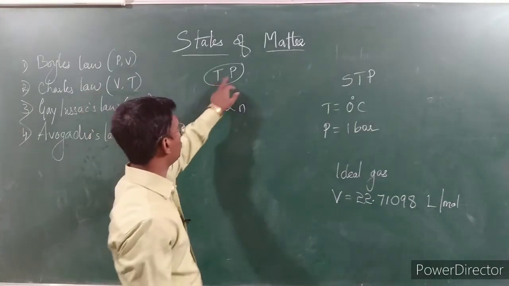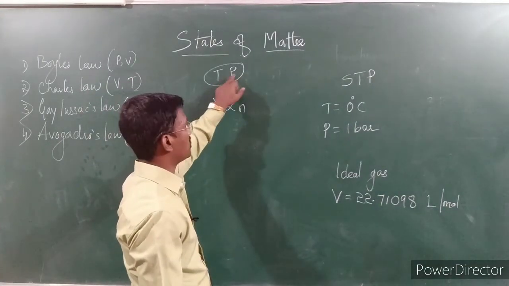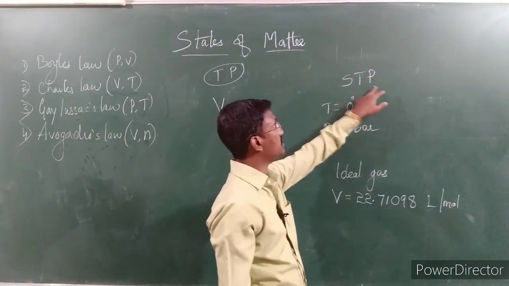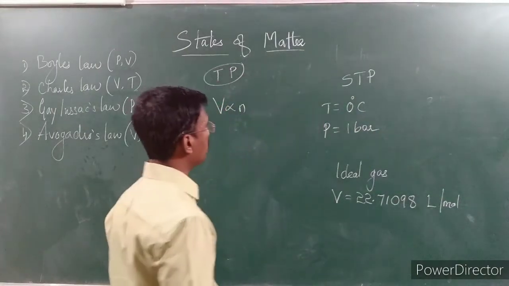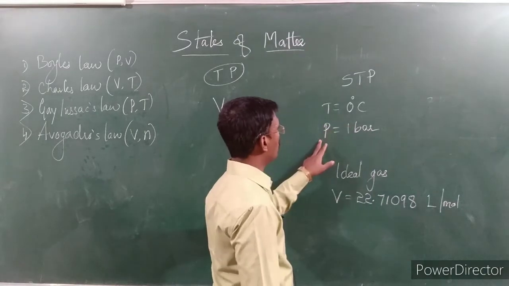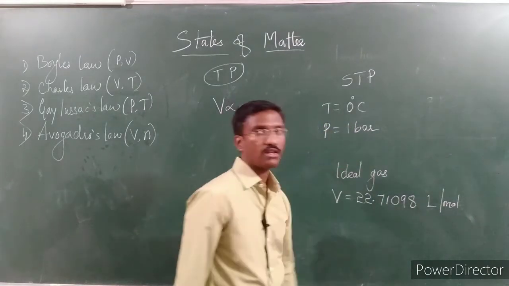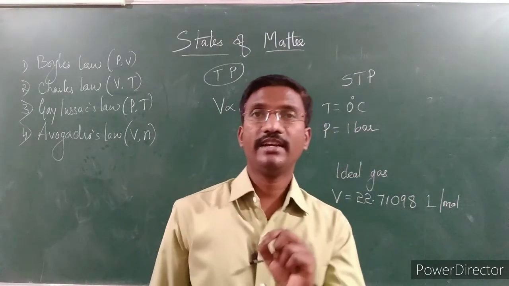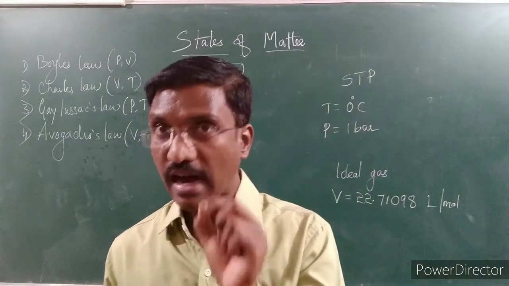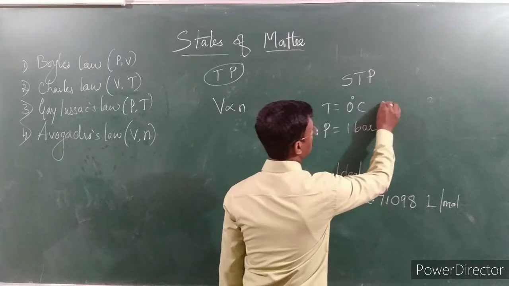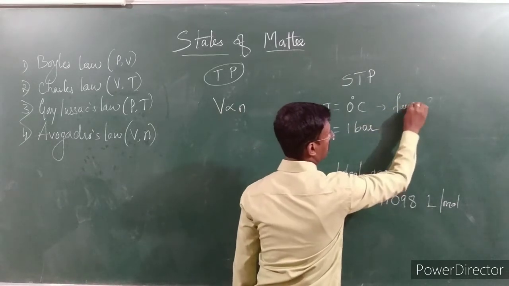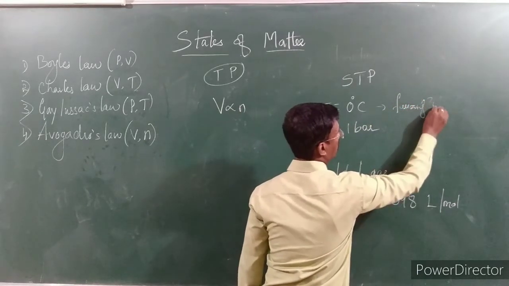What is that fixed volume? That is at STP. STP is nothing but standard temperature and pressure. Why have we taken the standard temperature as 0 degrees and the standard pressure as 1 bar? This temperature is the freezing point of water.